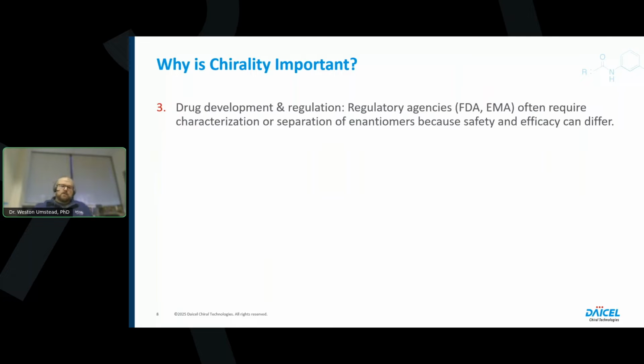Drug development and regulation. Because of things like thalidomide, regulatory agencies like the FDA stepped in and said, if you're going to make these compounds and sell them as a mixture of enantiomers, you need to be able to characterize and ensure that each one is safe on its own, or that each one doesn't cause these sorts of effects that you're seeing with thalidomide.